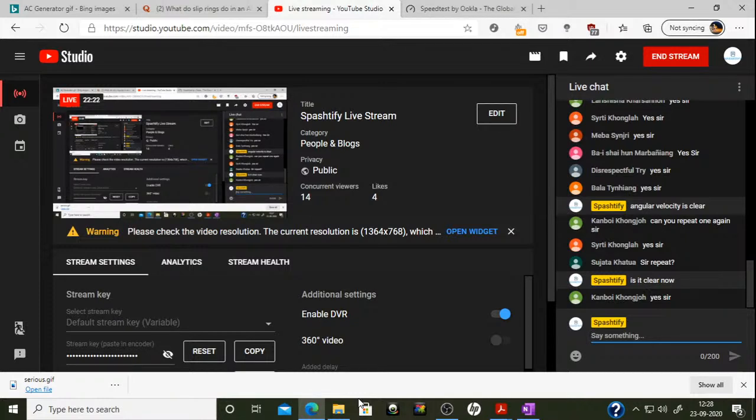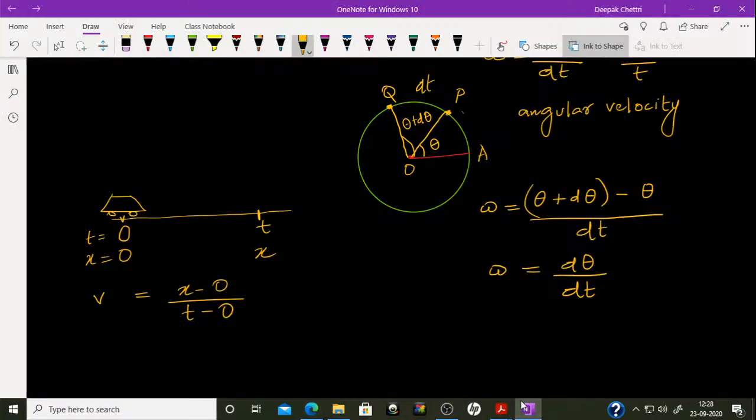It's clear now? Okay, so this is the definition for angular velocity.